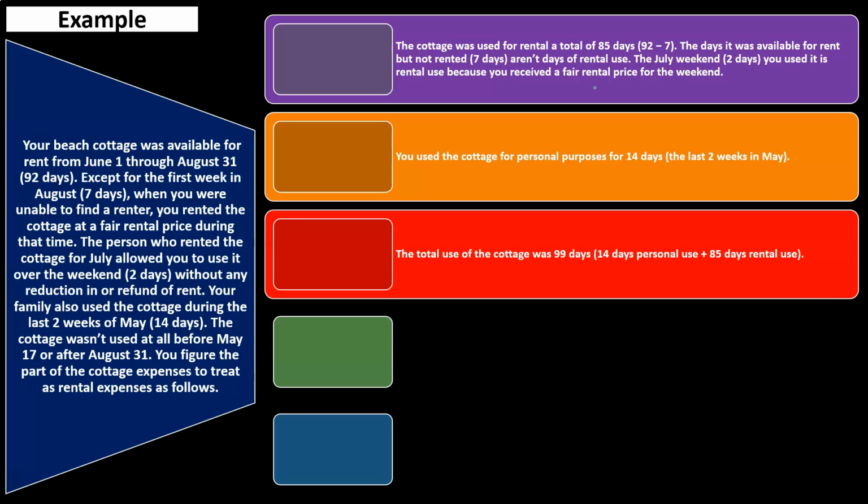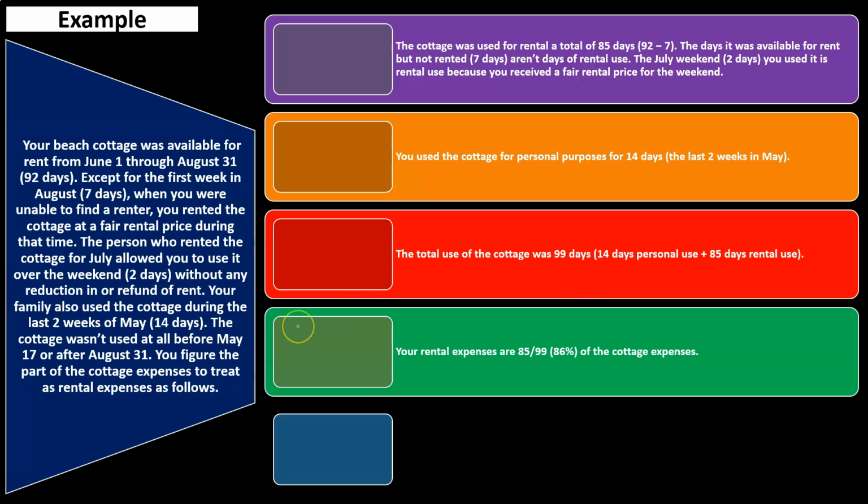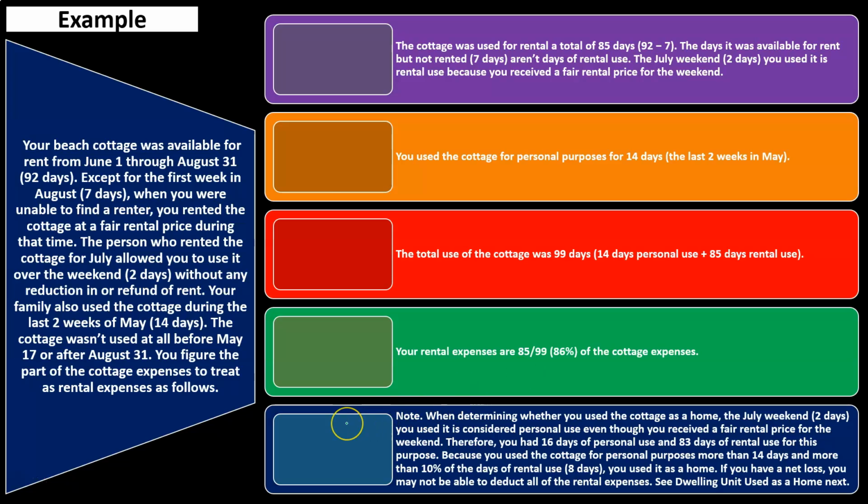What you need to do is figure out the actual usage, when it was actually rented or you were actually using it. That's going to be the 99 days, which is kind of a compromise between those two positions. So your rental expenses are 85 over 99, which is going to be 86% of the cottage expenses. That's what you're going to be using to do your allocation.